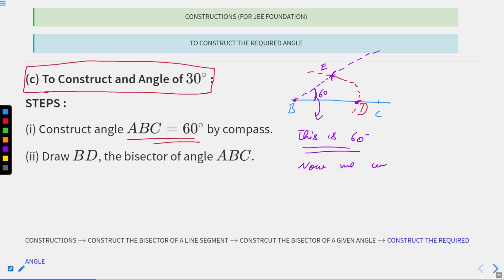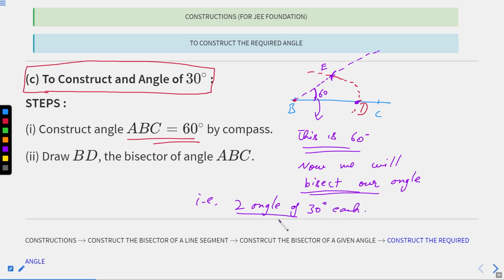Now we will bisect our angle. Bisecting our angle means making two angles of 30 degrees each. So now we will perform the steps to make an angle bisector.